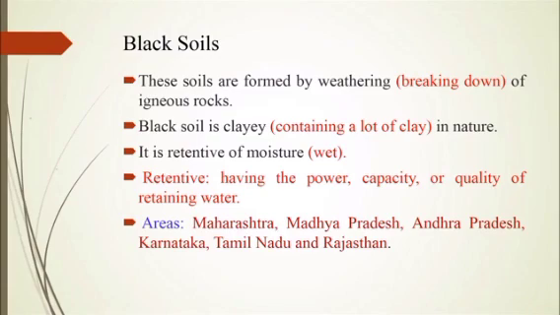It is retentive of moisture. Here, retentive means having the power, capacity or quality of retaining water. Moisture means wet. So let's see the areas where the black soils are present: Maharashtra, Madhya Pradesh, Andhra Pradesh, Karnataka, Tamil Nadu and Rajasthan.